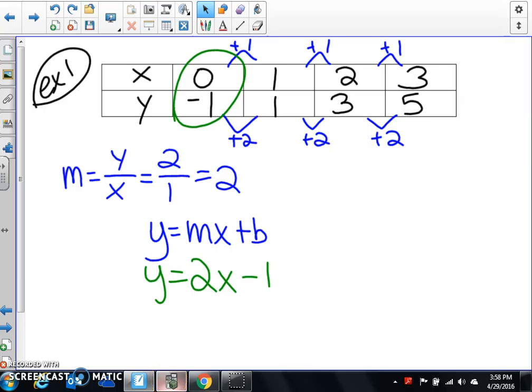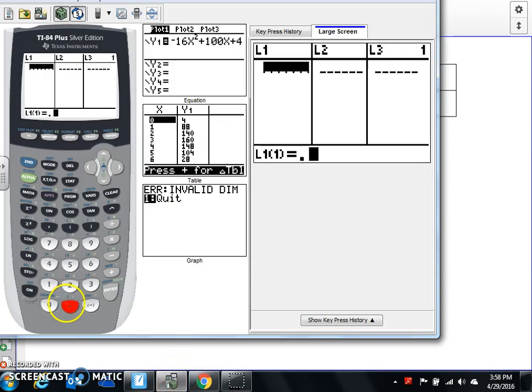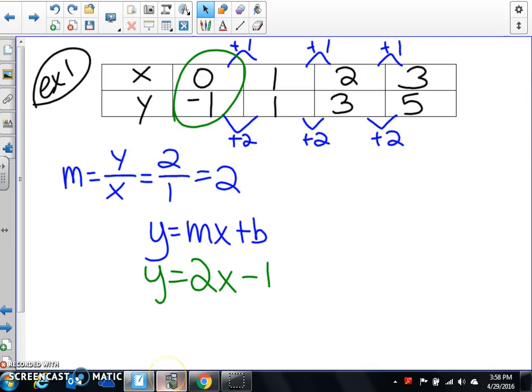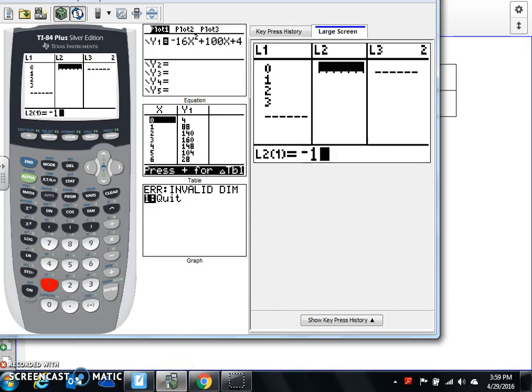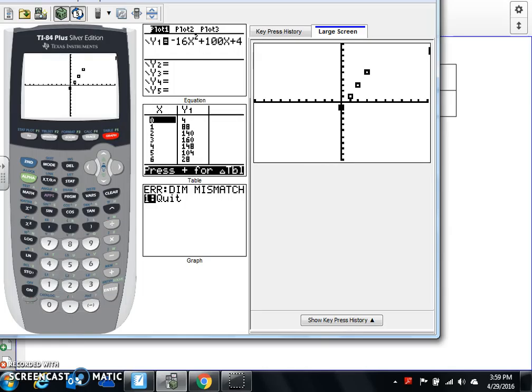So our x values are 0, 1, 2, 3. And then our L2 is our y values. So -1, 1, 3, 5.